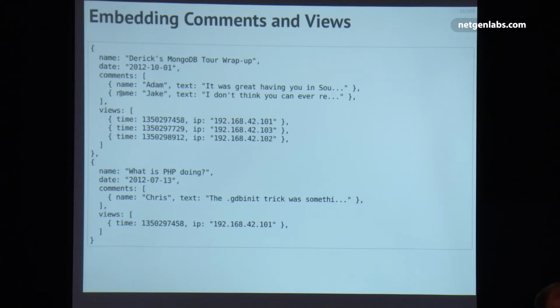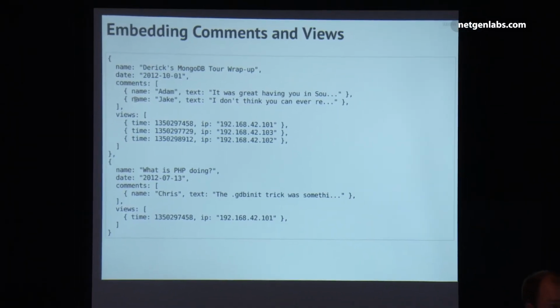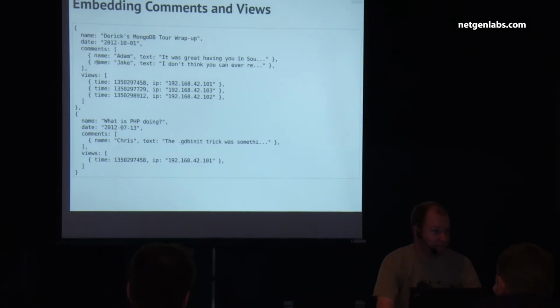But there's another problem with this. Every time I would do a query for a specific entry, I'm also updating this document. So the read-write ratio is almost 1-to-1, right? And that is not a good workload for MongoDB.